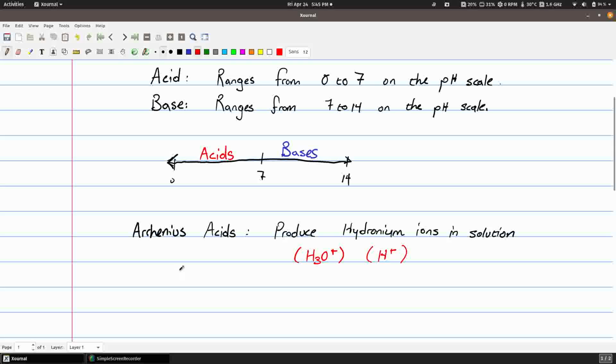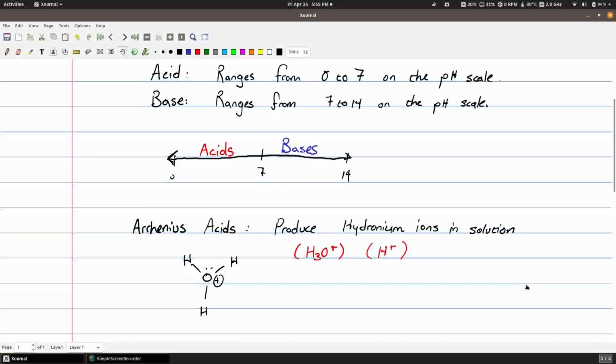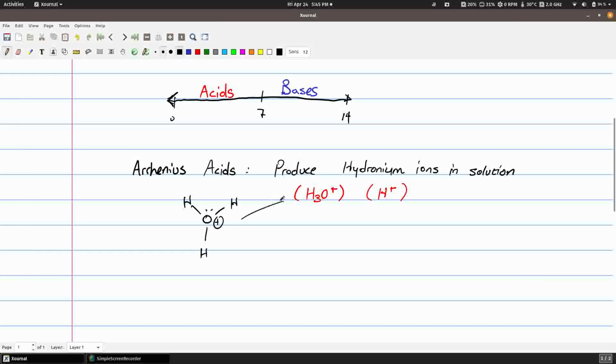Because what hydronium actually is, is water with an extra H, making it have a positive charge. So, put a little arrow to link these two. Okay, so that would be your Arrhenius acids. They produce hydronium ions in solution, so H plus.